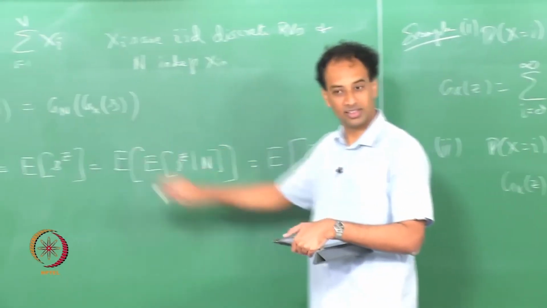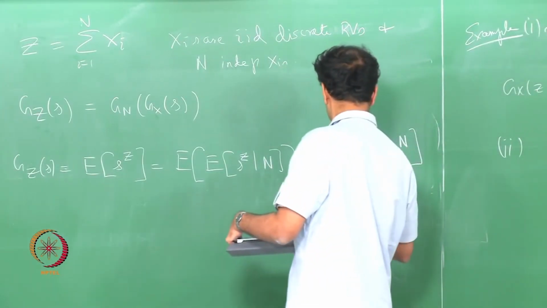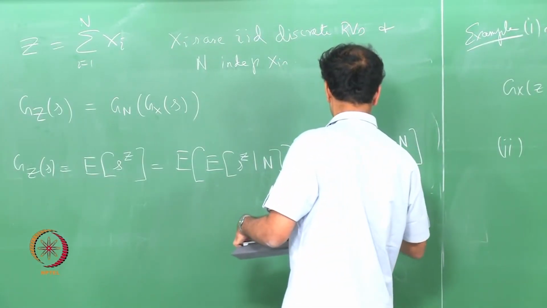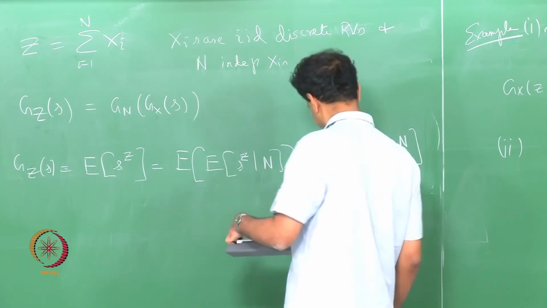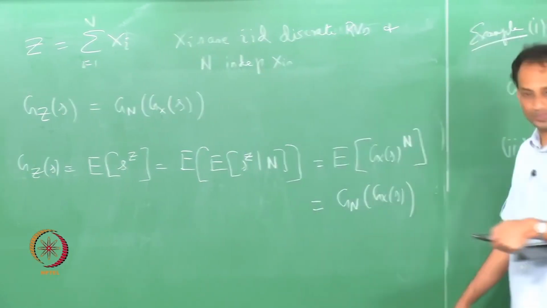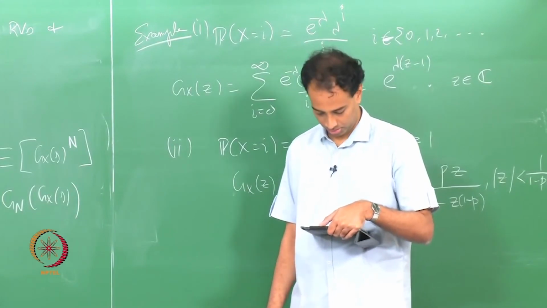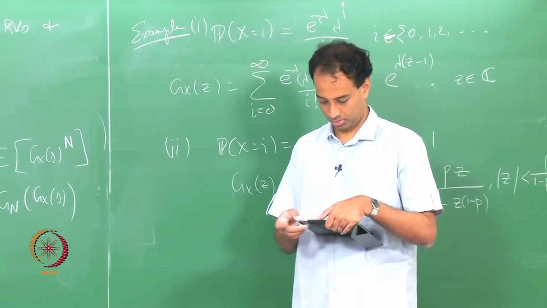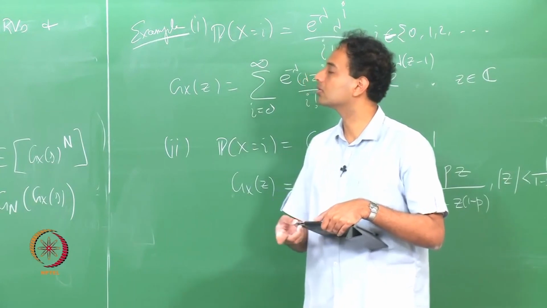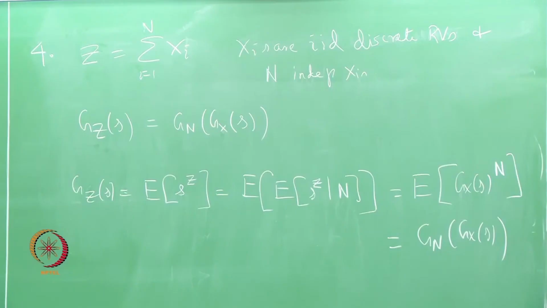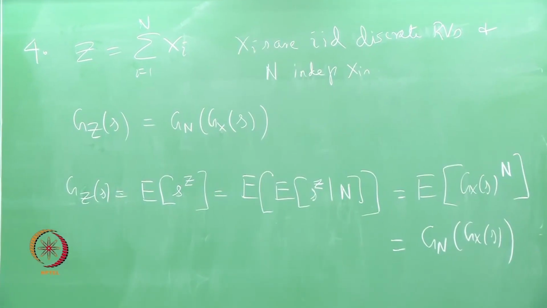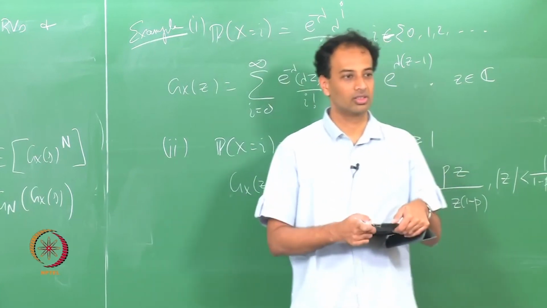This is simply g n of g x of s. You have to be careful with the region of convergence.